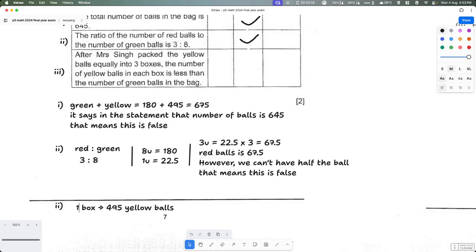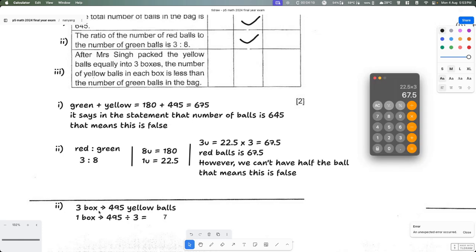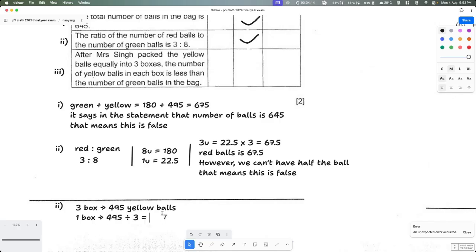These 3 boxes, then 1 box is equal to 495, and then we divide it by 3. This is equal to 495 divided by 3, which is 165 yellow balls.